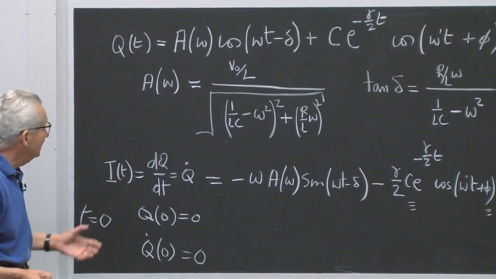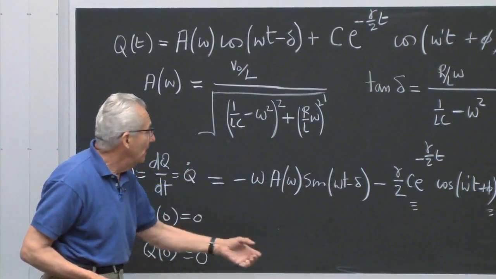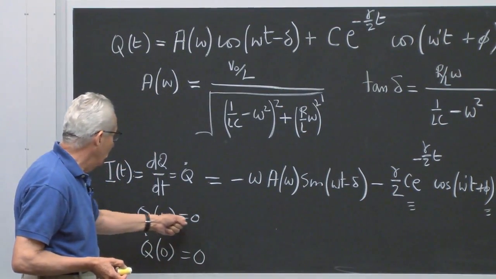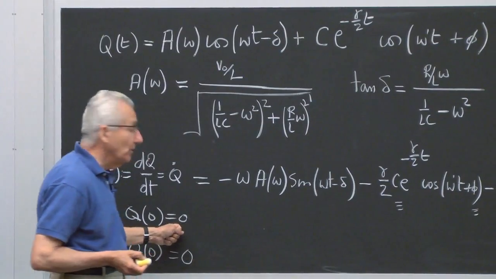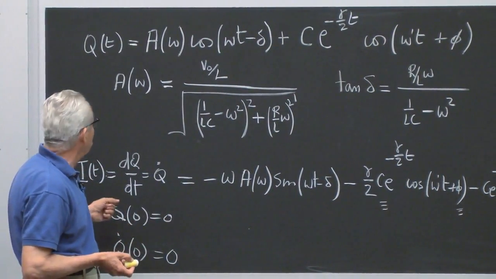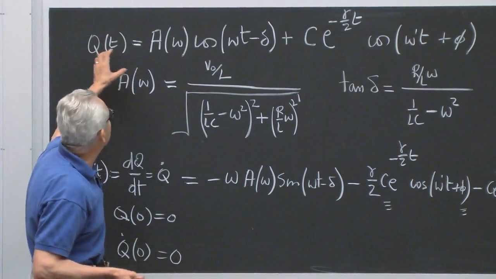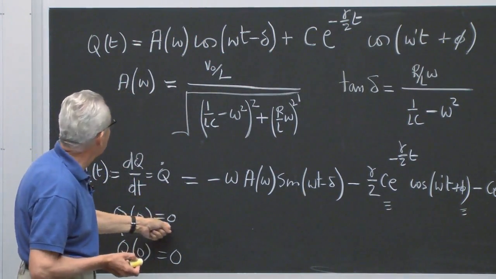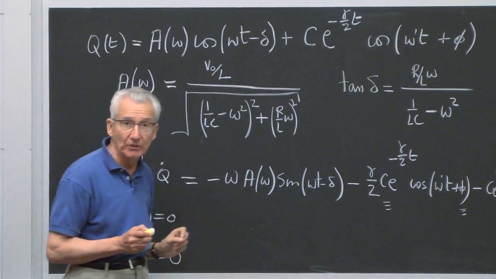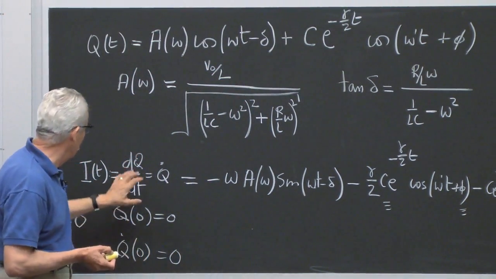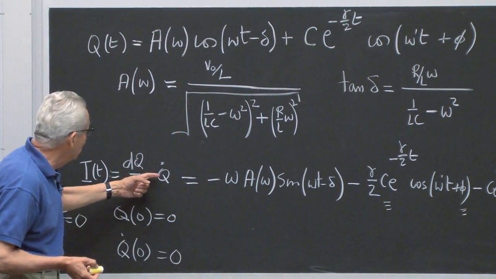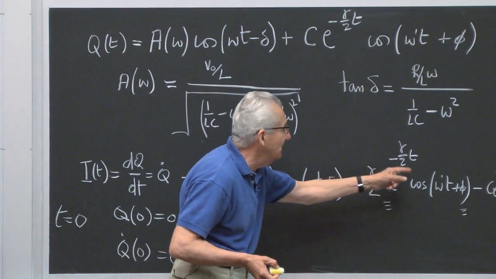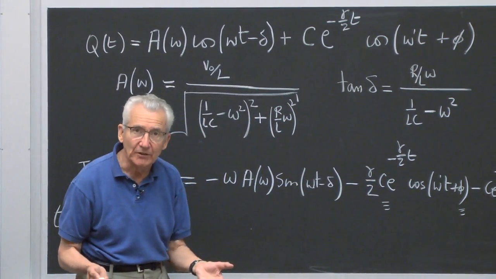So I take the q equation, set t to 0, and write 0 equals that with t equals 0. I write another equation from q dot: at t equals 0, q dot is 0, so I take this one, set t to 0, and write another equation.